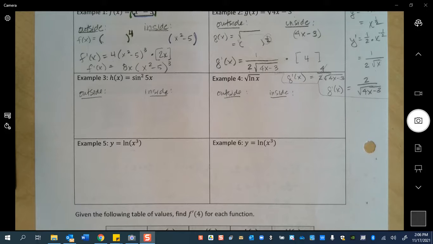I'm pretty sure it's negative cosine. The sine? It's just cosine. So cosine, then the derivative of cosine is negative sine. But there's a square. It's cosine squared. Yes. So cosine of 5x times.